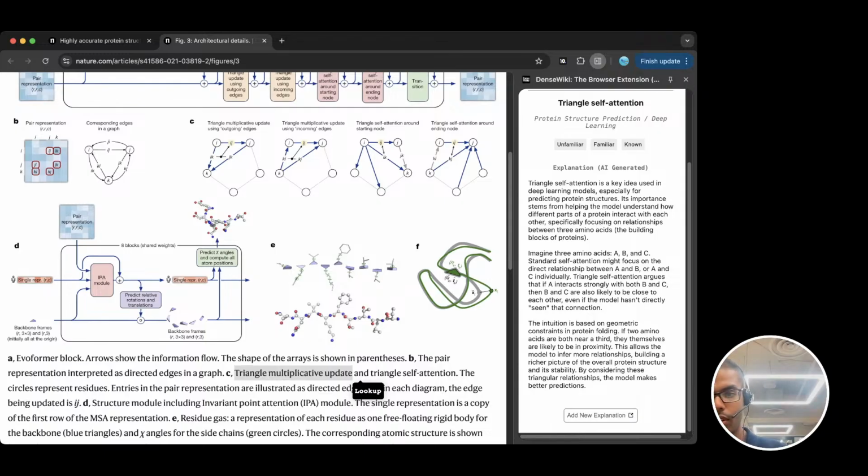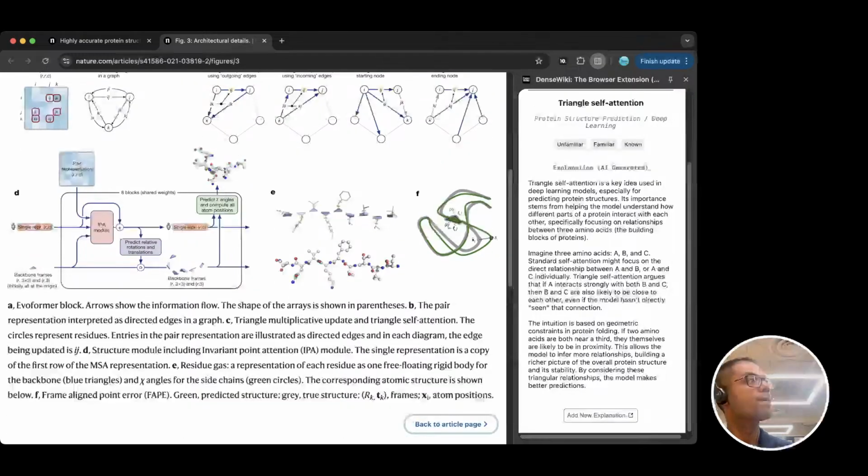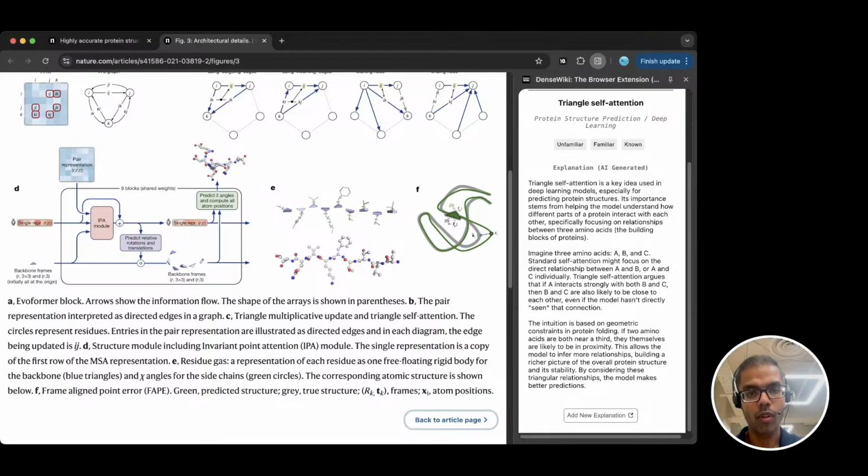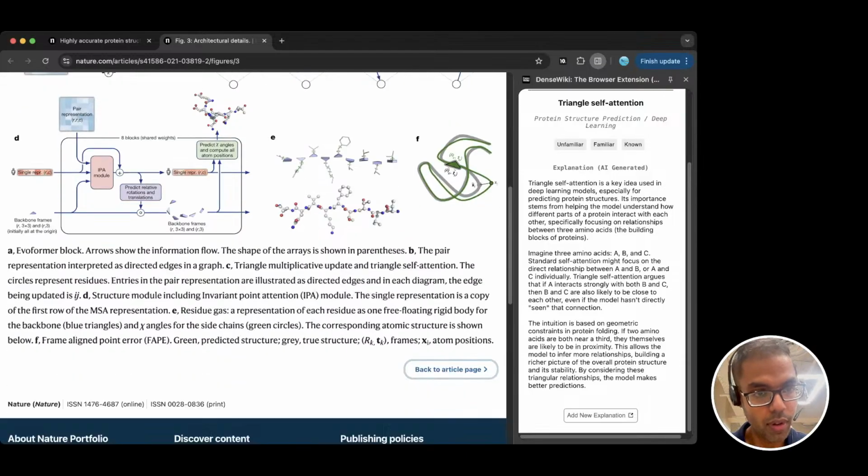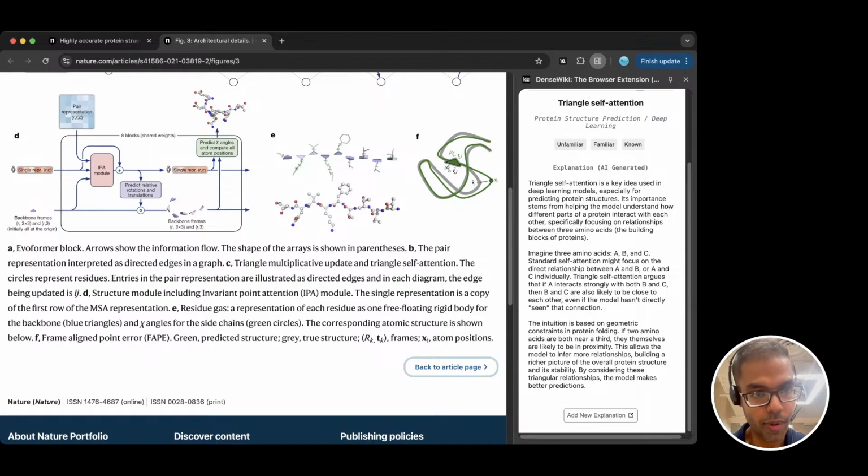Okay, makes sense. This allows the model to infer more relationships. Richer picture. Oh, okay, I see. So the circles represent residues. Fair enough. Then D is the structure prediction module, including invariant point attention (IPA) modeling.